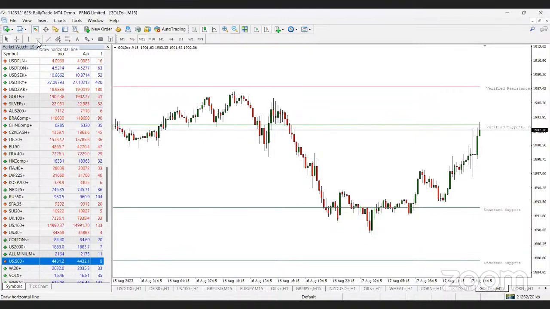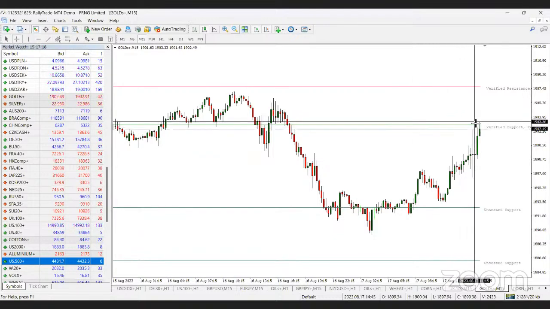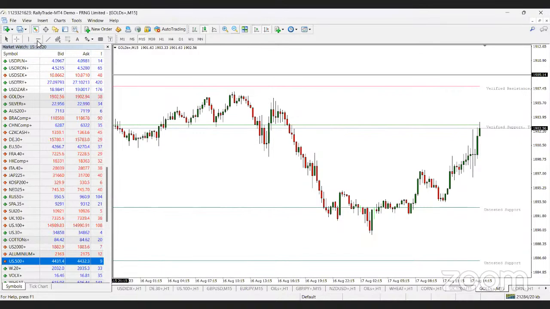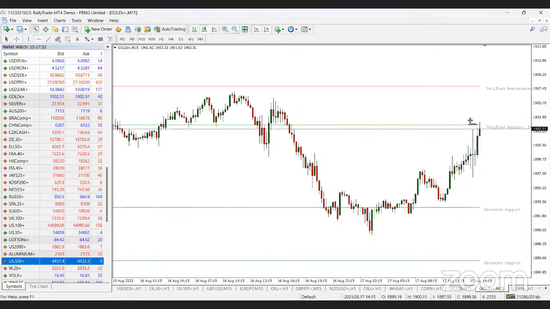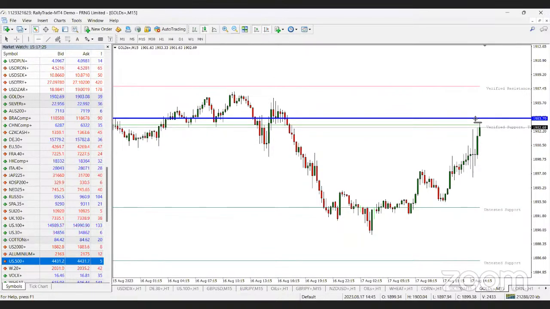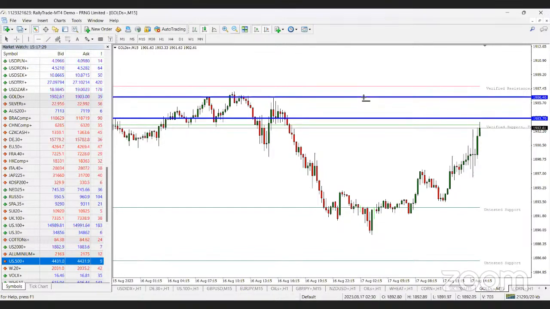Quite easily, what you want to do on gold, we're using 15 minutes, is if gold breaks this verified resistance on 15 minutes, and by that I mean if gold closes at around 1903, I would expect that gold will buy till around 1906.